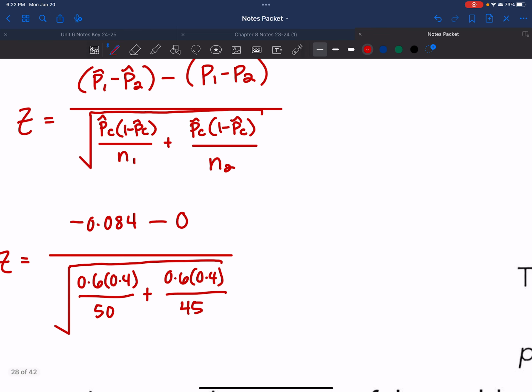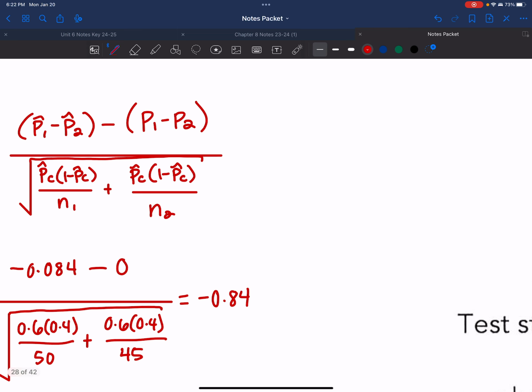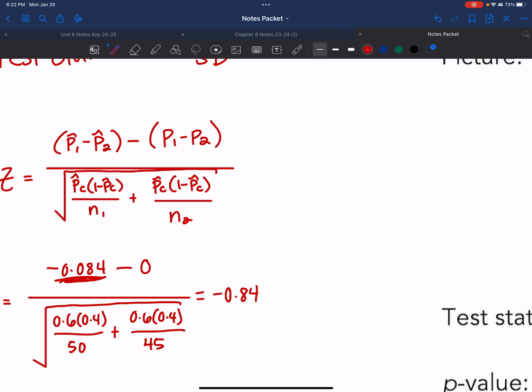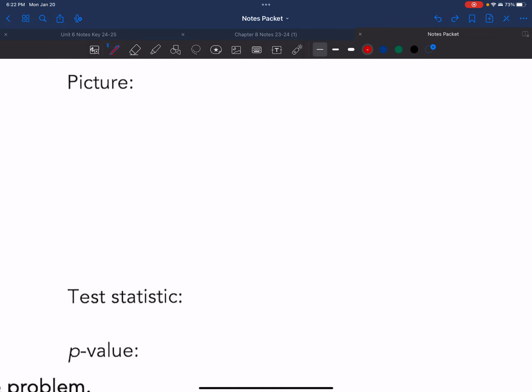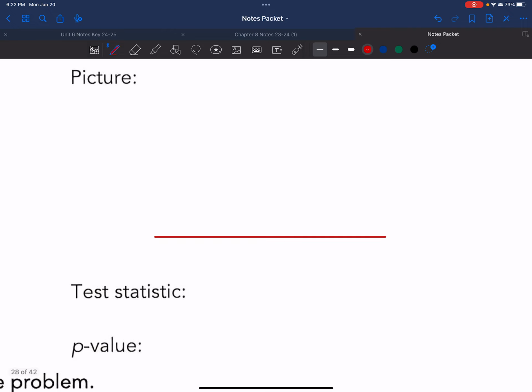If I calculate all that, I'm going to get negative 0.84. Kind of a coincidence that it's only one decimal off of this, but negative 0.84. Now, if I draw a picture, there are different ways you can draw it. It's still going to be a normal curve, right?